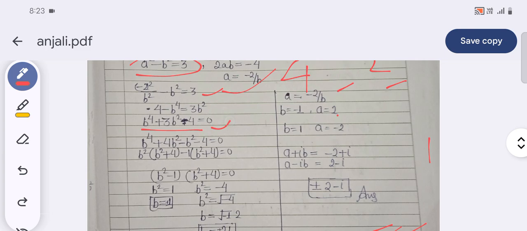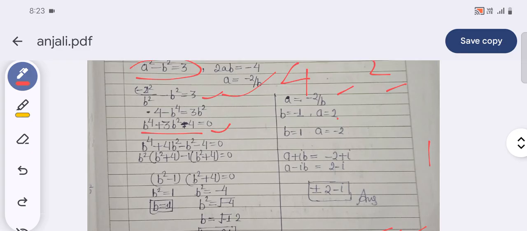And you need to find the roots of this equation. How can we break 4b to the power 4? Their addition will be plus 3b square, and their multiplication will always be b to the power 4.